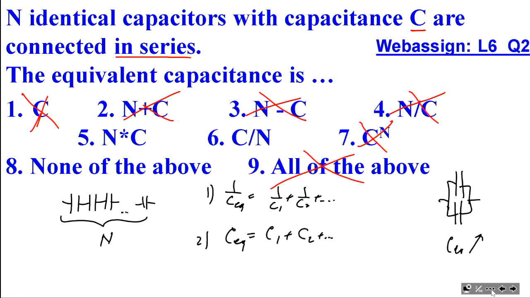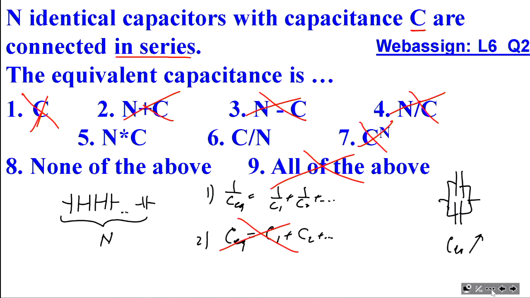But if we look at capacitors connected in series, basically that means we're moving the plates of the capacitor away from each other. What's inside doesn't really matter for this reasoning. And if we move the plates away, the capacitance decreases. So it cannot be equation number 2, you're right. Also wrong for this situation.